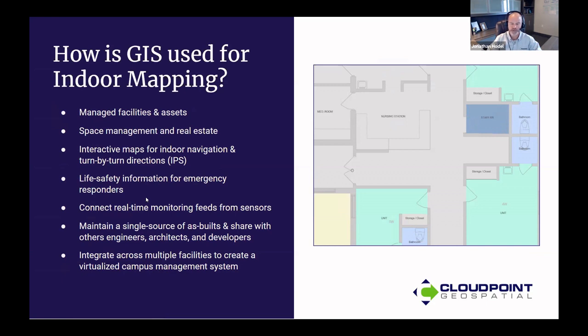Interactive turn-by-turn directions, life safety, emergency responders, and then the ability to use it in real time with things like GeoEvent. As we talk to facility managers, we explain this as a centralized repository of all of your as-built data as well. It can be beneficial for that. And then, of course, as you connect multiple facilities across a campus, you can turn that into essentially a campus management system.